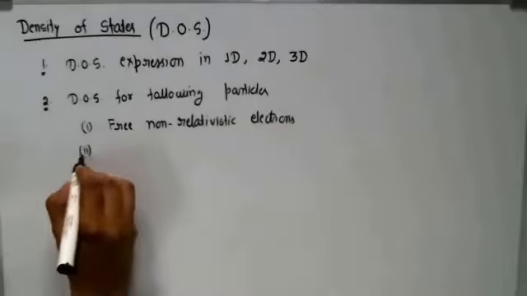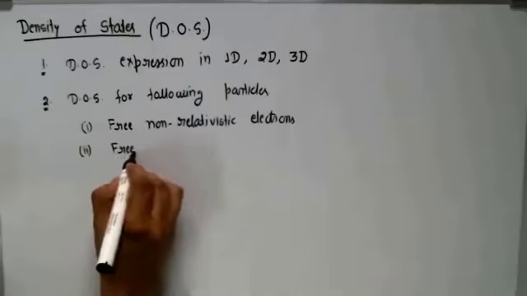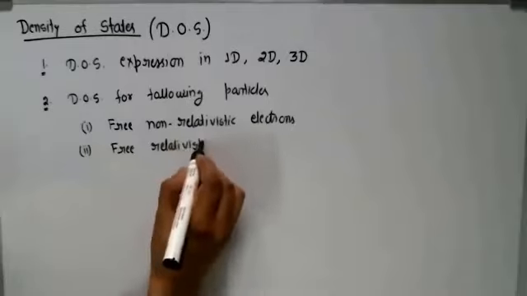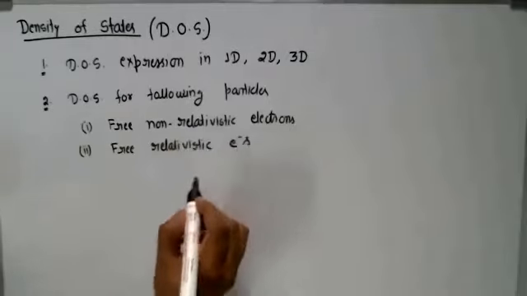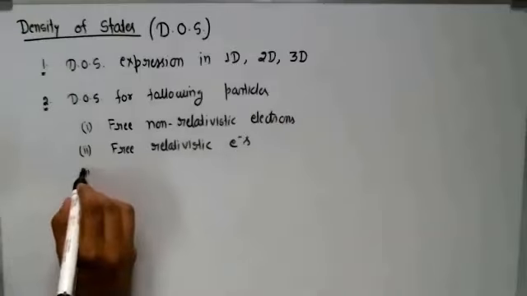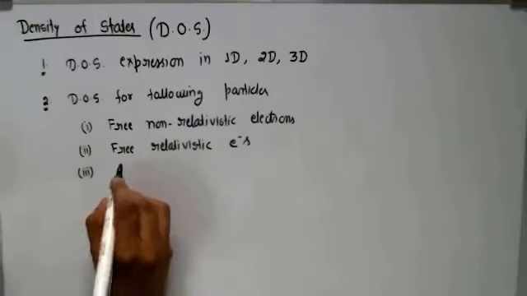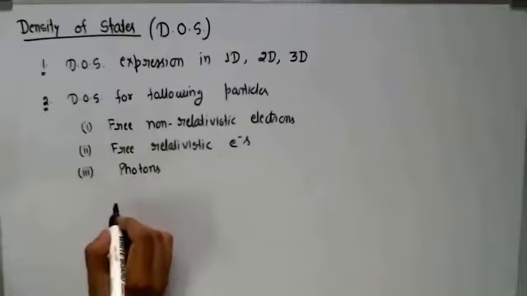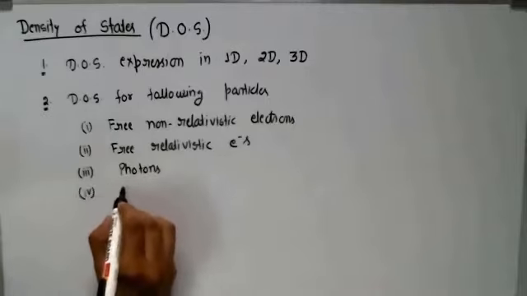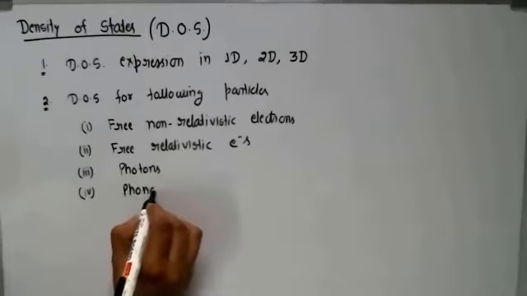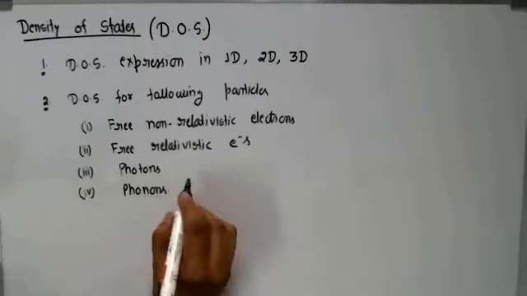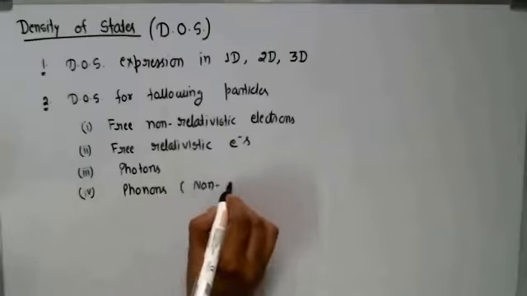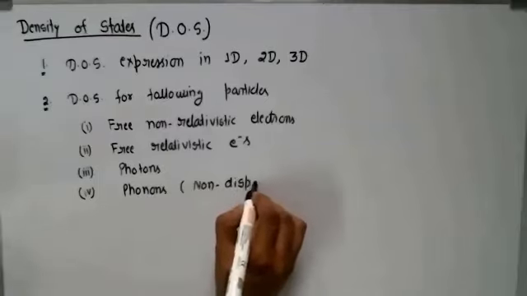Then we will again solve for the same thing, but now for the relativistic electrons. Then we will also try to solve for photons, also for the phonons, but I will do this calculation for the phonons in non-dispersive medium.